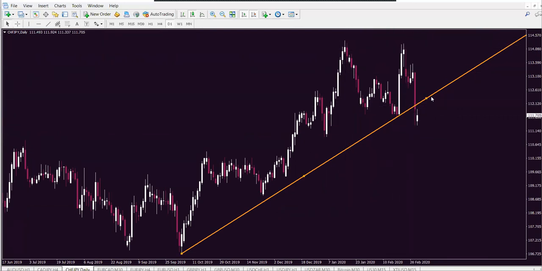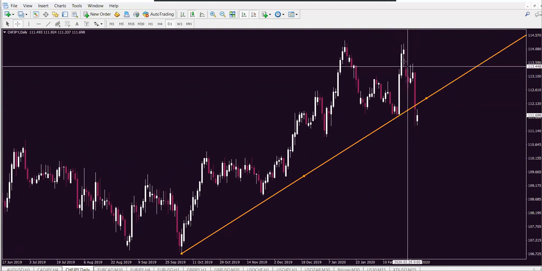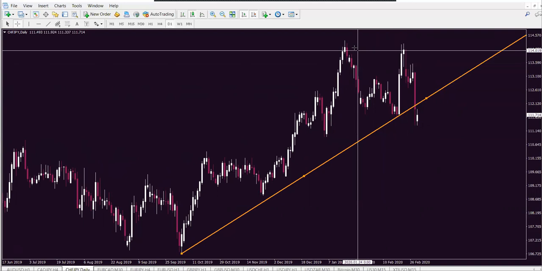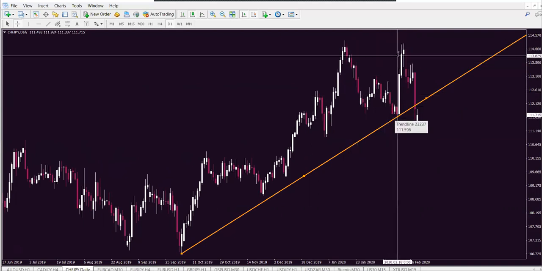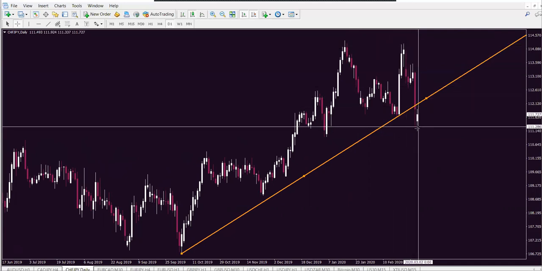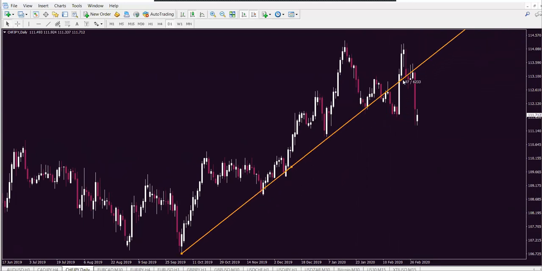If you were to draw this trend line, you would actually be saying that price is bullish at this point, and that's not the case, because price has made a lower low and a lower high and now a lower low. So this would be the correct one.